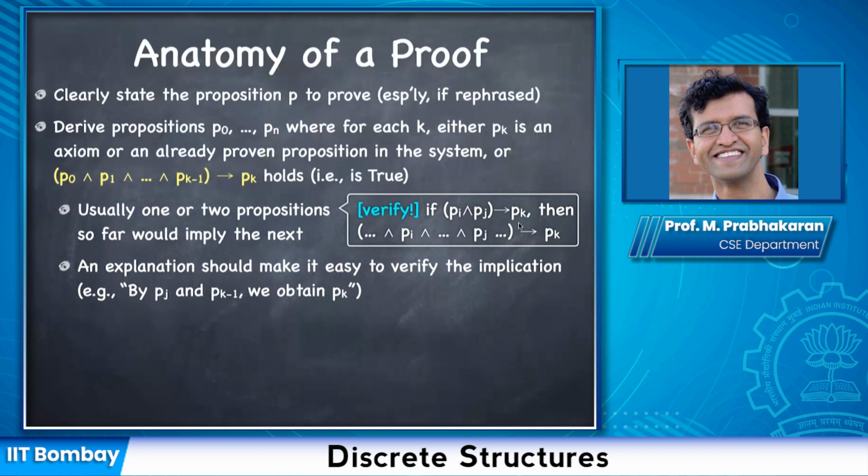And the level of ease is what defines the level of detail of your proof. If you are expecting your reader to be fairly sophisticated, you may just write down Pi and Pj imply Pk, and it might take some work for the verifier to convince themselves.